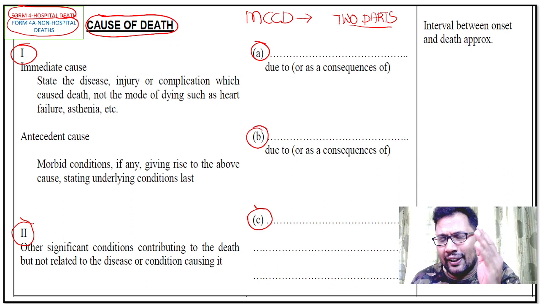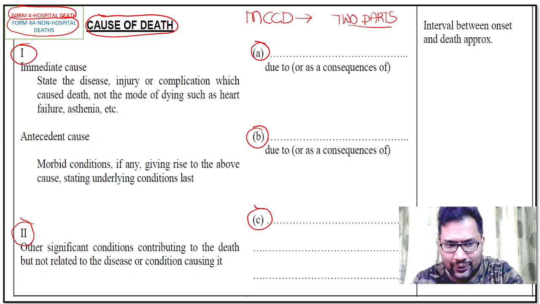What is Part 1? Part 1 contains immediate causes or antecedent causes. Antecedent means come before. What is 1A? 1A is the immediate cause.